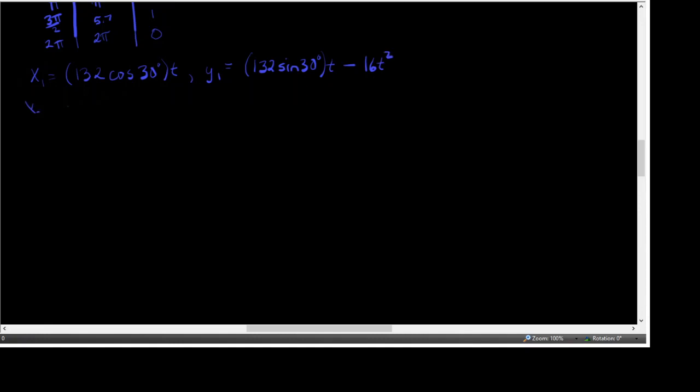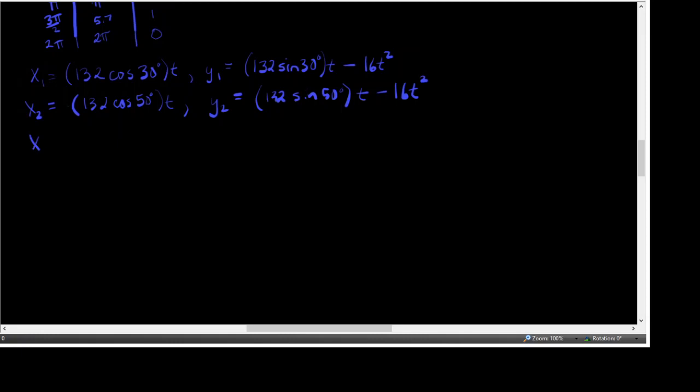X sub 2 is going to look very similar, except that the angle is different. So 132 cosine of 50 degrees t. Y sub 2 is 132 sine of 50 degrees t minus 16t squared.